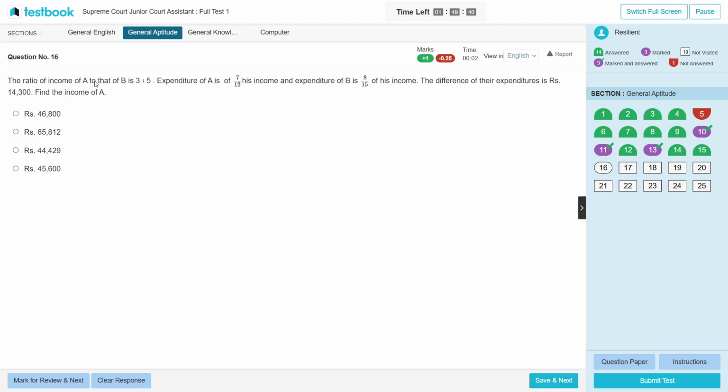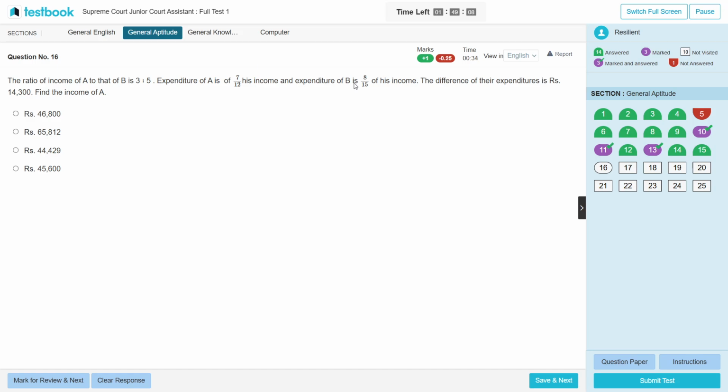The ratio of income of A to B is 3:5. Expenditure of A is, expenditure of B is 7 by 12 of his income. 4, 4, 3, 12, so I take it as 36 and this as 60. Expenditure of A, this income, expenditure 7 by 12, so here 21 and 15.